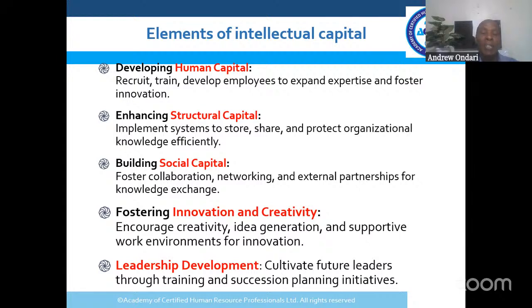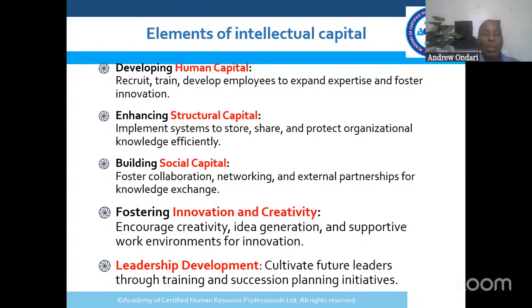The other aspect is the social capital, the relationships that we keep within and outside the organization. For example, collaboration has to do with teamwork. Through teamwork, we are able to achieve synergy, and synergy means that we are able to produce better results than people working alone.